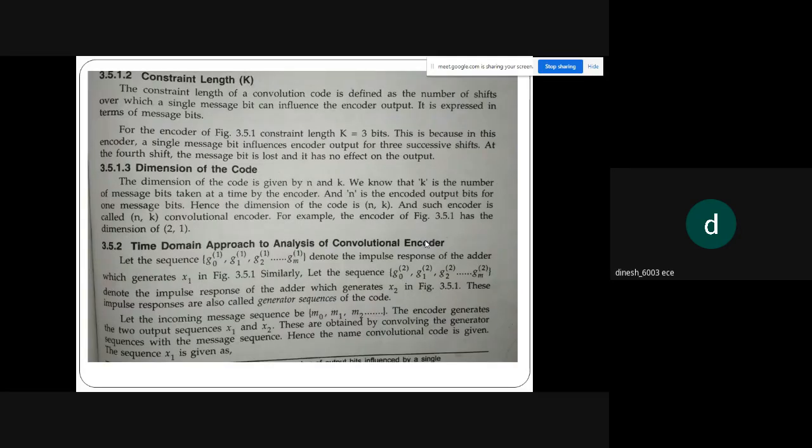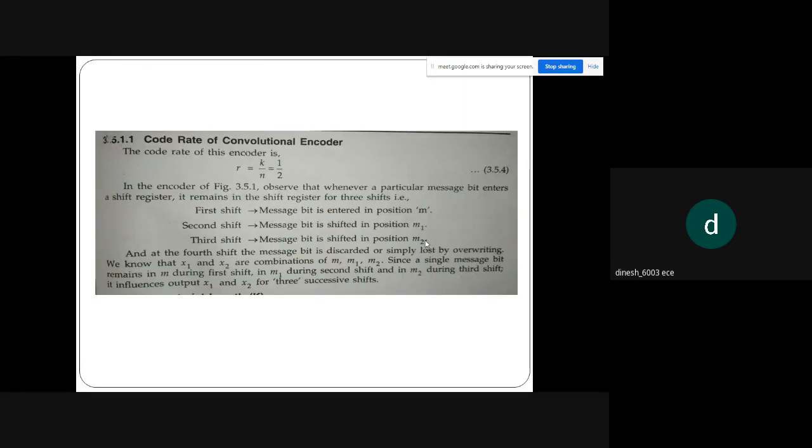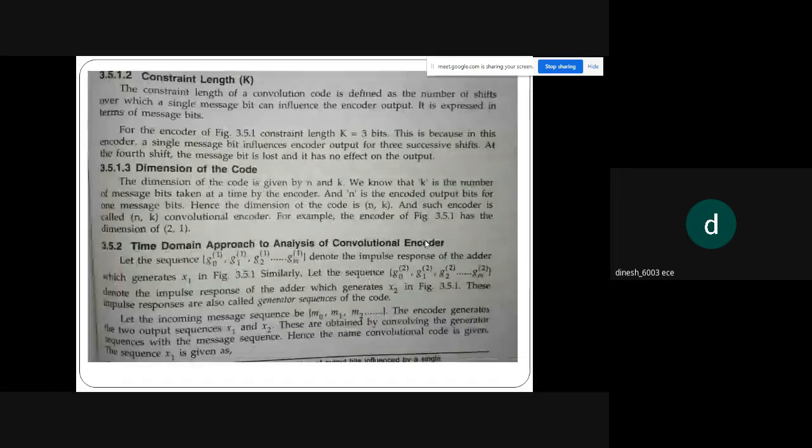Then we can define the constraint length. Just now we said that there are 3 shifts. See here, first shift, second shift, third shift. So how many shifts are there? 3. So the constraint length is 3 bits.